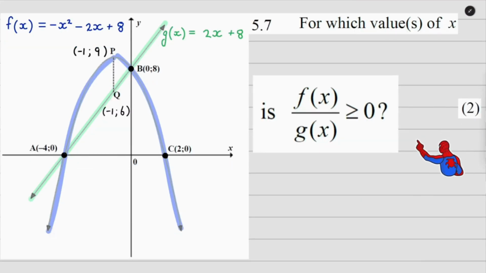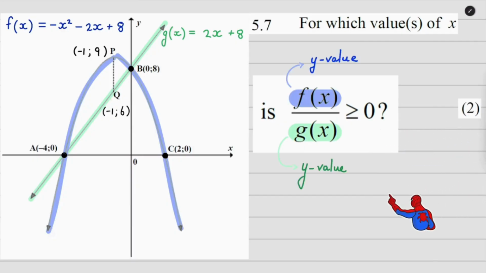And then welcome to your challenge round, for which values of x is f of x divided by g of x bigger than or equal to 0. Okay, f of x and g of x are fancy ways of saying y values, my bro. Okay, and the best way to approach these questions is you start all the way on the left of your graph and you draw a vertical line.